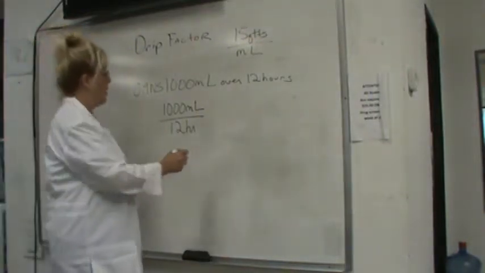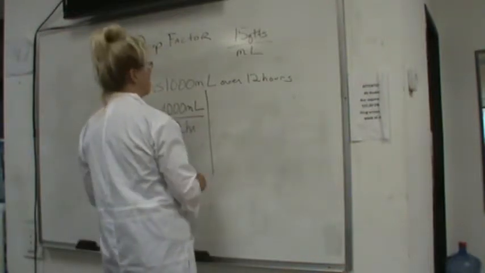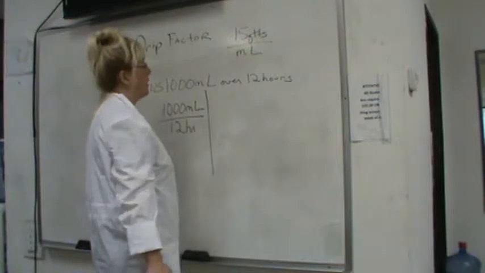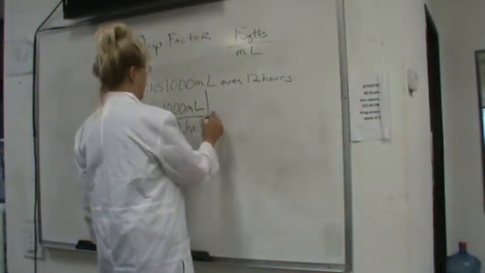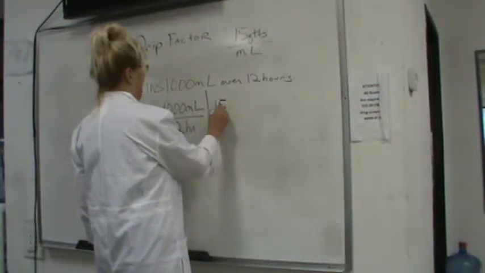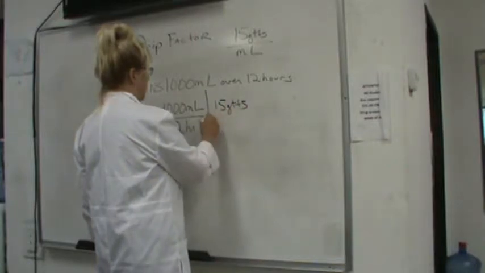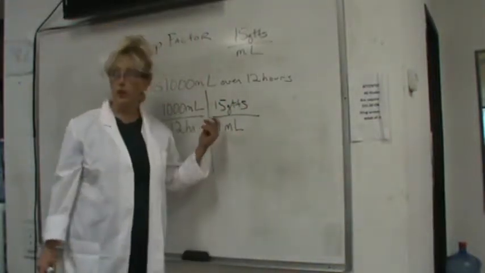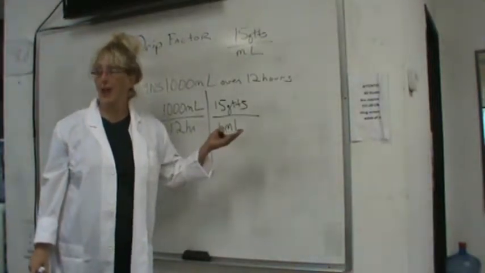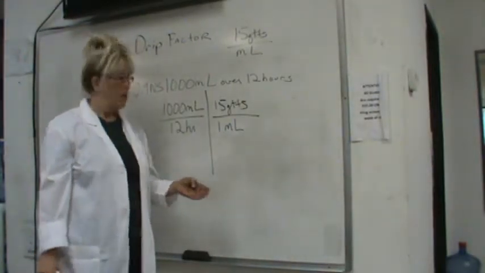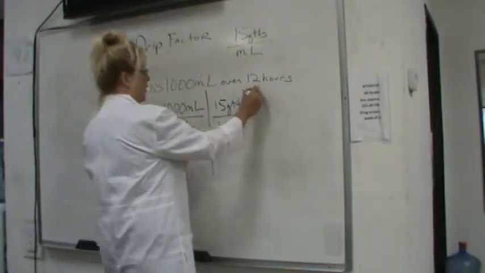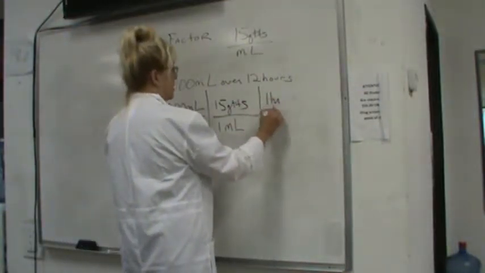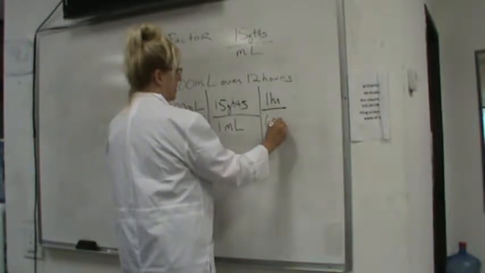We multiply by our tubing drip rate factor, which is 15 drops per 1 mL, and we want drops in the numerator because our answer is going to be drops per minute. Now we've got hours in the denominator, so we multiply by the conversion factor: 1 hour is equal to 60 minutes, correct?